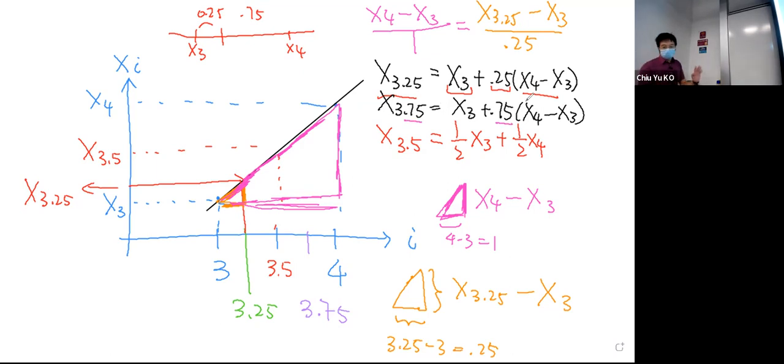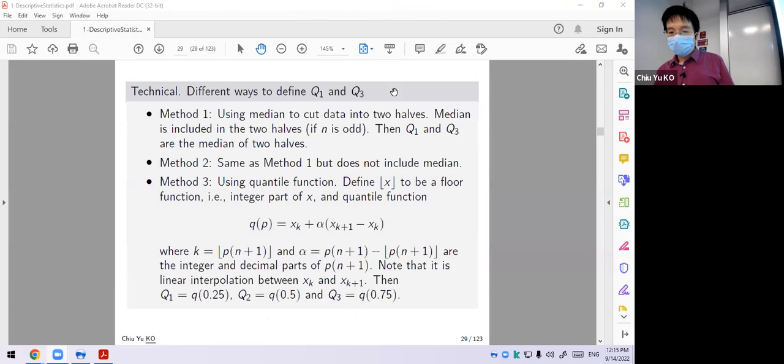Very soon I will talk about this formula again. It looks a little bit crazy, but don't worry, it's already in your slide. So let me go back to here. That's why you can see the formula here. What is the quantile?